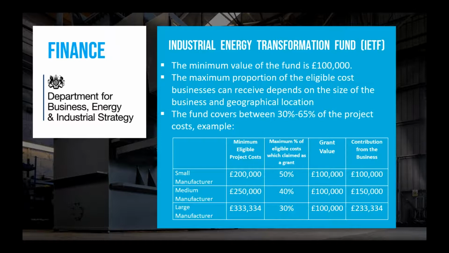I put here an example: if we talk about a power transformer replacement, which would be around or more than £200,000, and it's a small business, the government can cover 50% of that. So you'll get a £100,000 grant value, and then you'll have to pay £100,000. So there are some good funds for that. Not a lot, not as much as we hope, but they're good to start with.